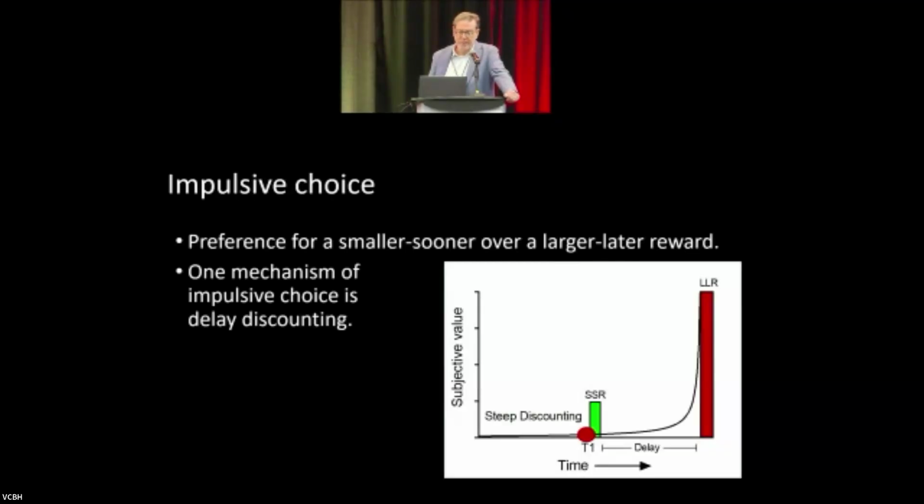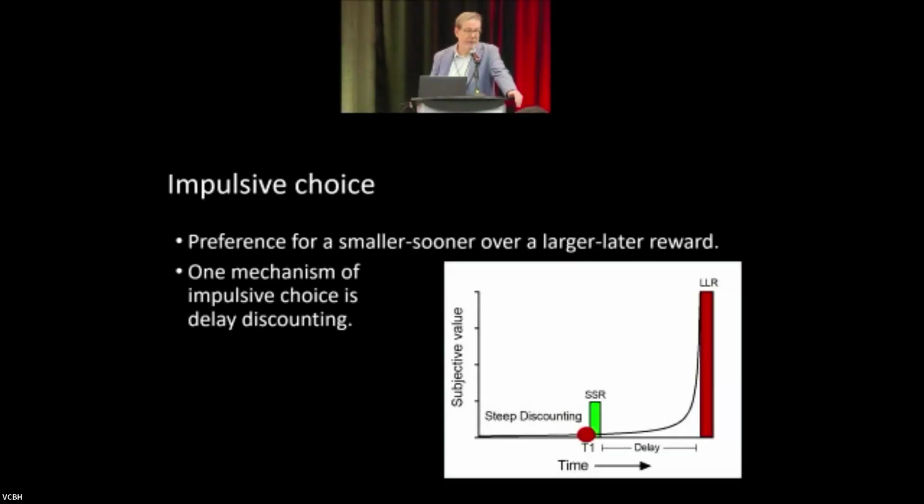So one mechanism by which this occurs is the discounting of the delayed reward. And this hyperbolic discounting curve that's shown here declines very steeply in this case as a function of the delay until it is received, such that at time t1, that rather large beach ball sized red dot there shows the discounted value of the larger later reward at time t1, where the individual is choosing between the smaller sooner and the larger later reward.